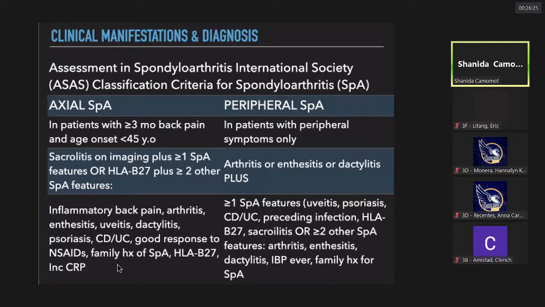On the other hand, patients are diagnosed to have peripheral SpA if they have peripheral symptoms only, with arthritis or enthesitis or dactylitis plus one or more SpA features like uveitis, psoriasis, Crohn's disease, ulcerative colitis, preceding infection, HLA-B27, sacroiliitis, or two or more other SpA features like arthritis, enthesitis, dactylitis, inflammatory back pain ever, family history of SpA.